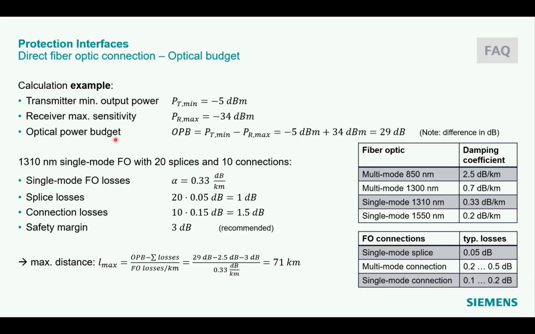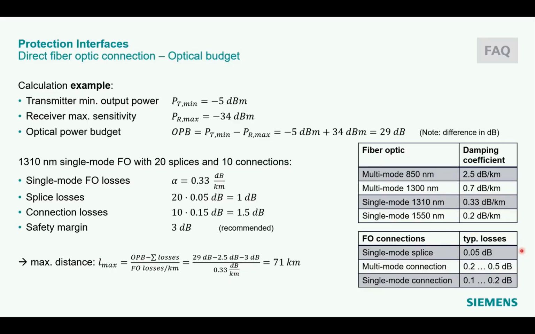The losses will occur on the fiber optic distance, but also for splices, joints, links. And here we give some numbers. In fiber optic, the damping coefficient is in dB per kilometer. For multi-mode, you will have the numbers here, and also for single-mode fiber optics.